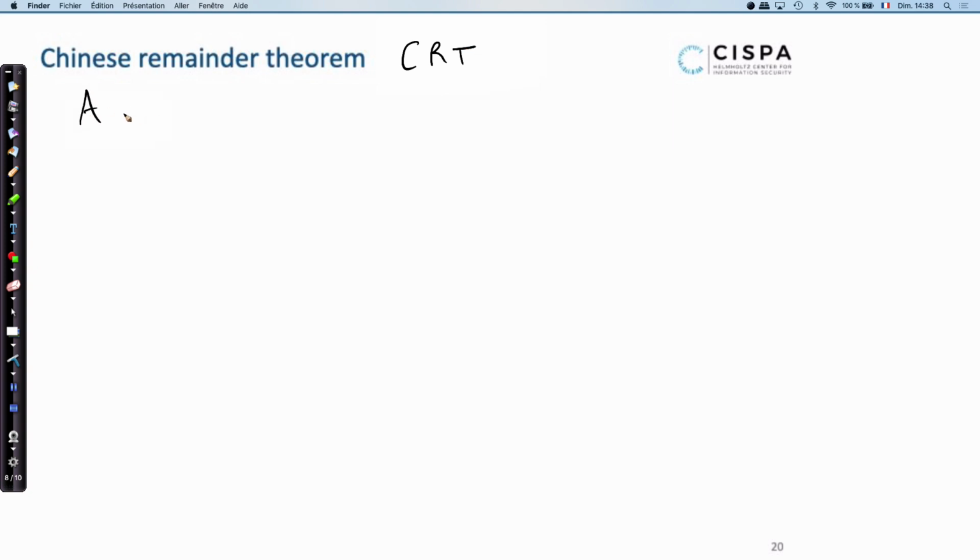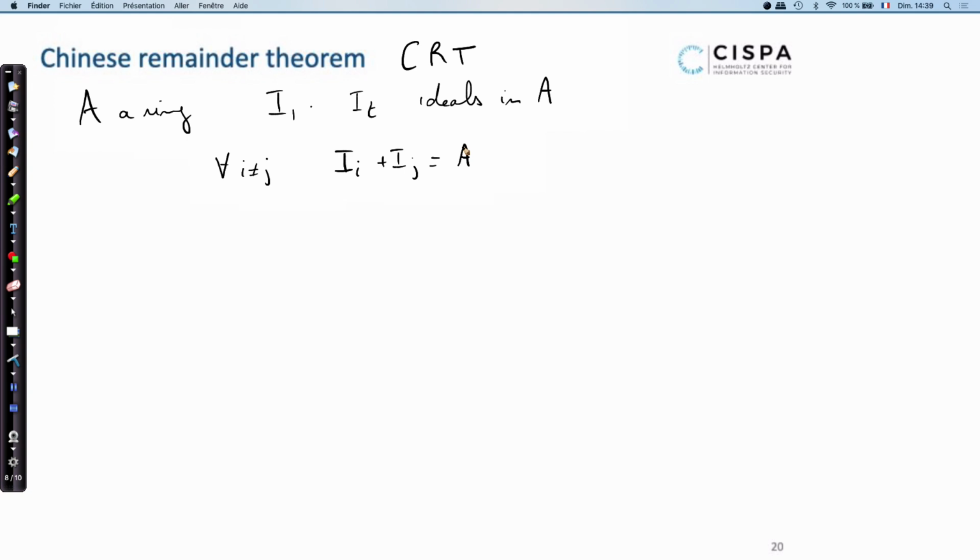So let A be a ring. And assume that we have ideals I1 up to It, ideals in A. And further, we assume that for every pair of distinct ideals, their sum is the full ring. Okay, in that case, we say that the ideals are co-prime or relatively prime.